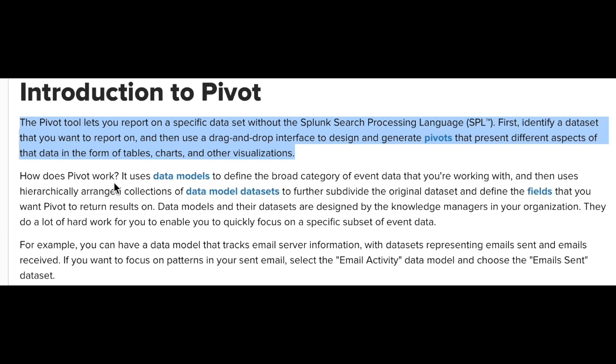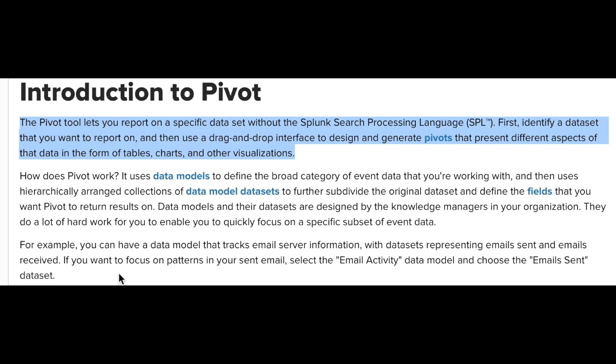So how does it work on a data model? A data model generates a hierarchical structure of data. Then it has some datasets, which I already explained. You choose a dataset and then apply pivot on that. For example, you have a data model that tracks email service information with datasets representing email sent and email received.